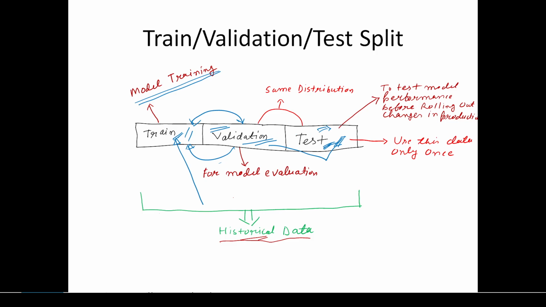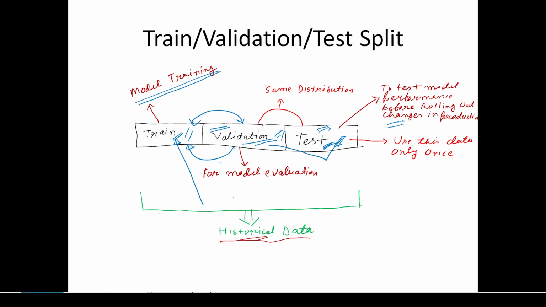So say for example, if we are confident that the outcome coming as a part of validation data is good, and we are good to implement in production, and just before implementing that change in production, we performed our evaluation against the test data, and the performance was not very good.